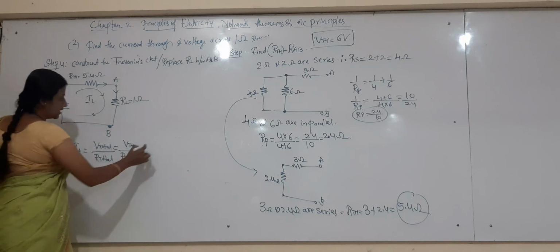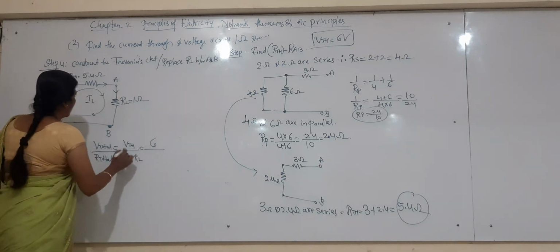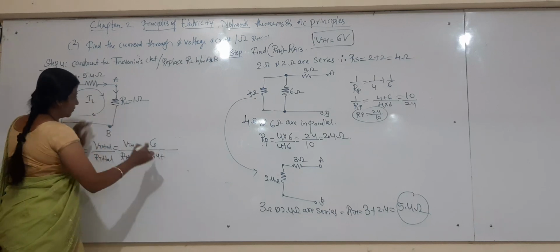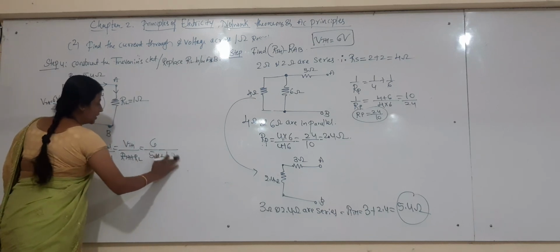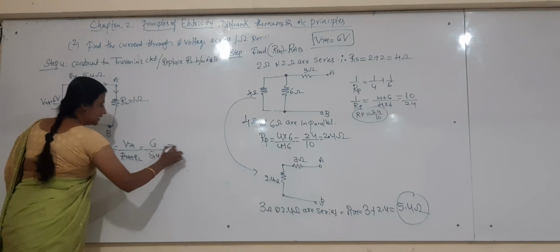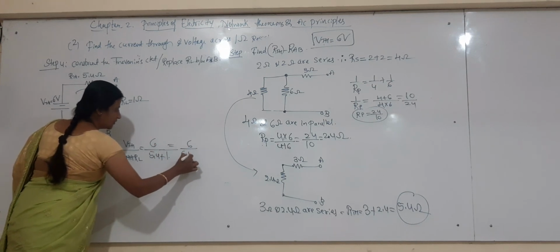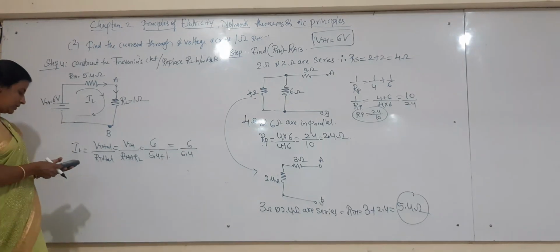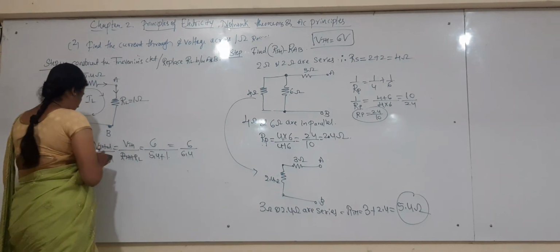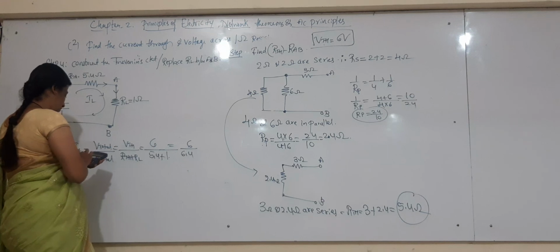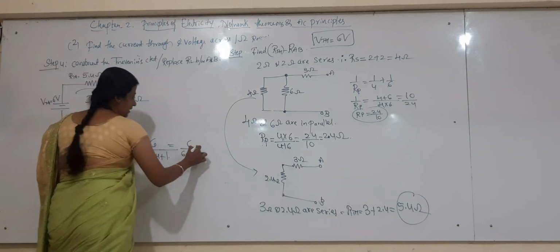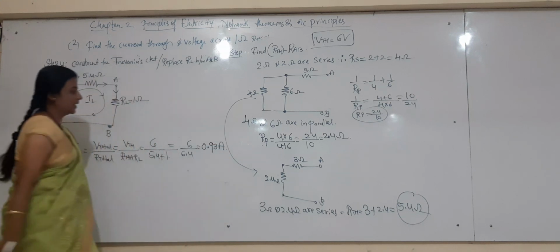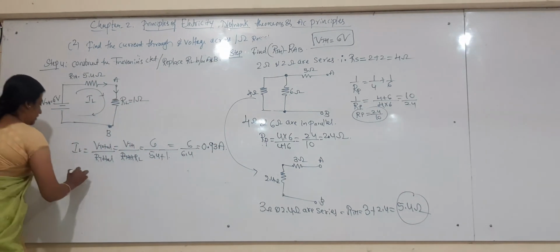VTH is how much? 6 volt. 6 divided by RTH, which is 5.4, plus 1 ohm. That is 6 divided by 6.4, nearly 0.93 ampere.